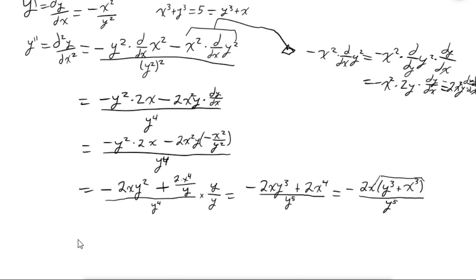So we can rewrite that once again as negative 2x multiplied by 5 divided by y to the power of 5, which simplifies finally to our final answer of negative 10x divided by y to the power of 5.